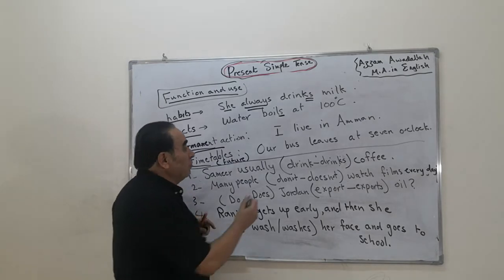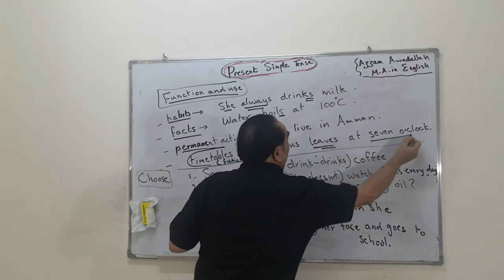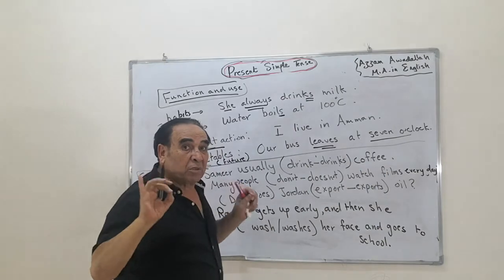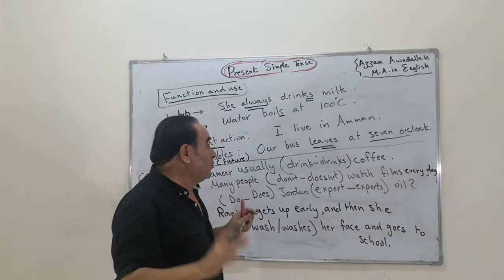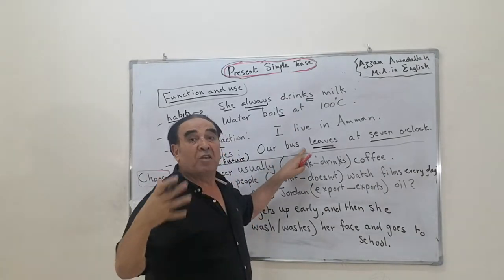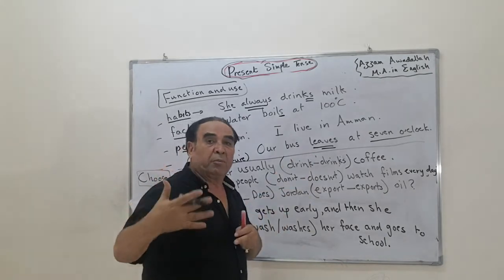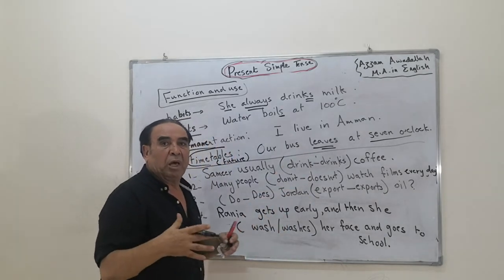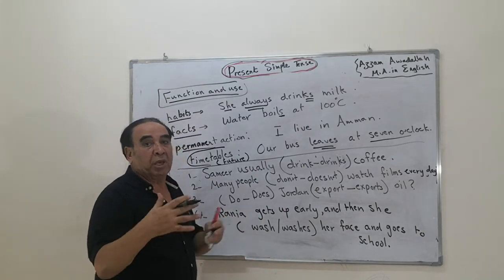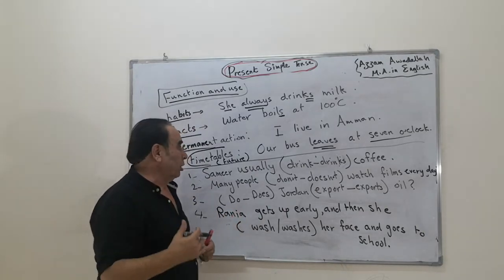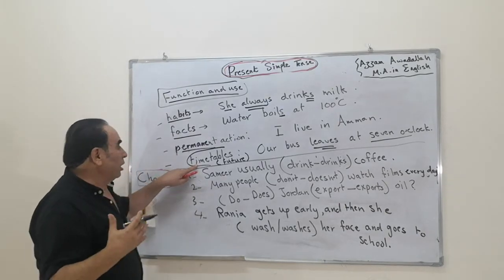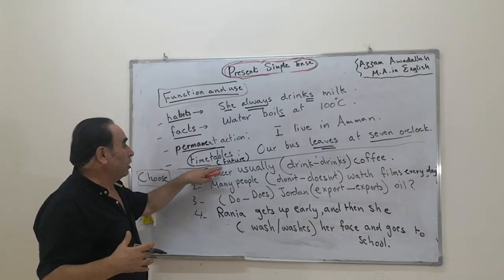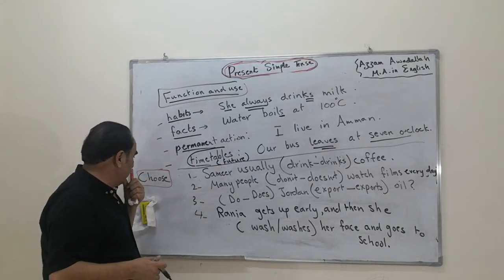Here, the bus leaves at 7 o'clock. There is a timetable for the bus. Every day, there is a bus which leaves at 7. Maybe another bus leaves at 8. Like the class or the school, it begins at 8 o'clock every day. So we call this timetables or schedules, and they refer to the future.